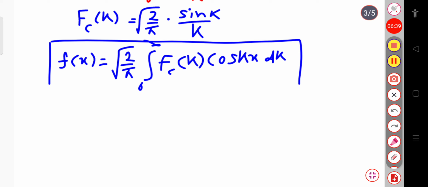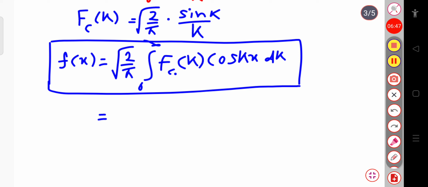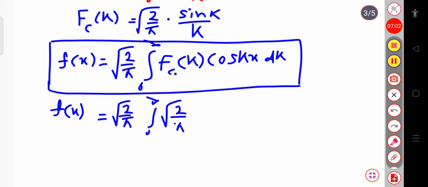Now I have to substitute fc of k, the Fourier cosine transform, here. So f of x will be equal to root over 2 by pi integration over 0 to infinity, and in place of fc of k I am writing root over 2 by pi sin k divided by k into cosine kx into dk.